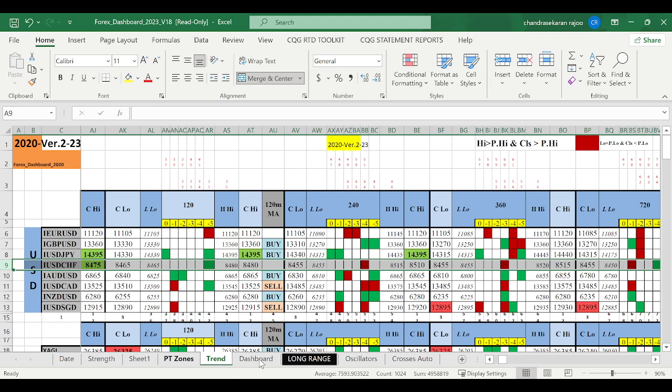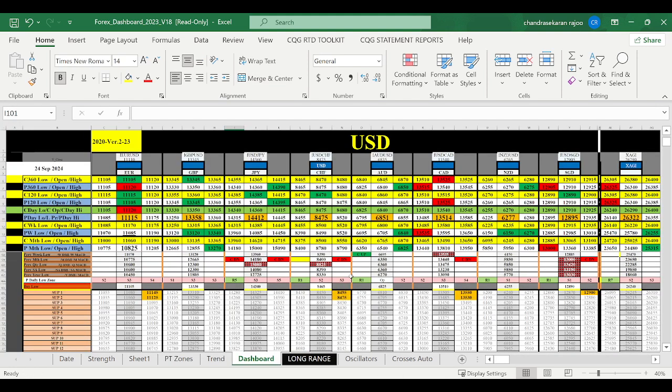When we look into the dashboard, the current week high is 85.20, and the previous day high is 85.20. The previous day high was the current week high, and the previous day's range was 84.55 to 85.20. So we should be playing the game within this range.